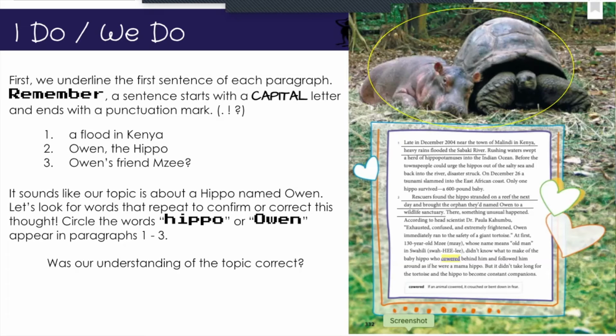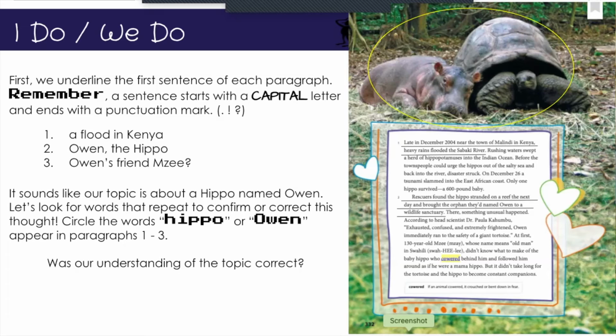For example, I know that Owen immediately ran to the safety of a giant tortoise. I know that that tortoise, his name is Mzee, is 130 years old, and that Mzee means old man in Swahili.